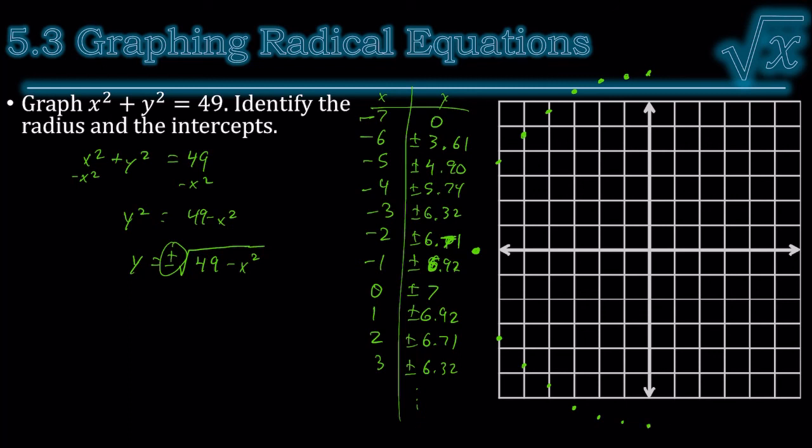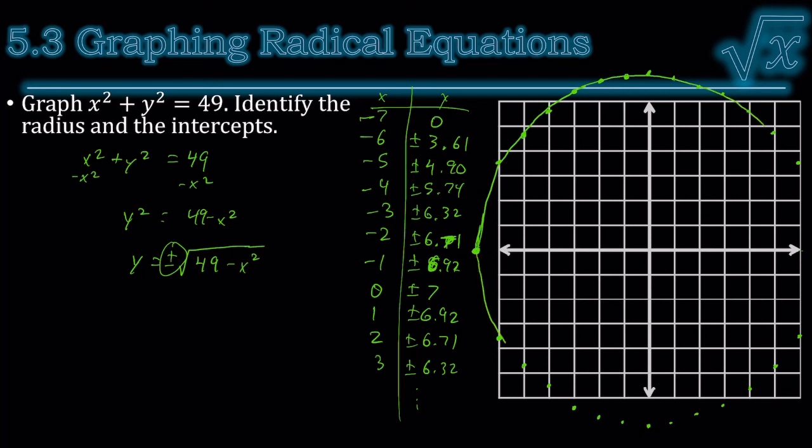And then 6.9, 6.7, 6.3, 5.74. I'm using the symmetry that I had. 4.9, 3.6, and then way out at the edge, which I don't have on my current paper.